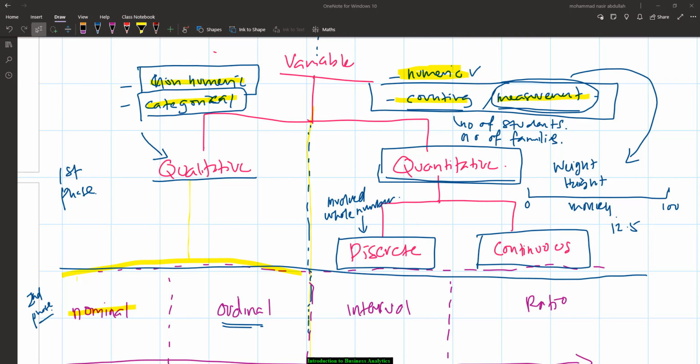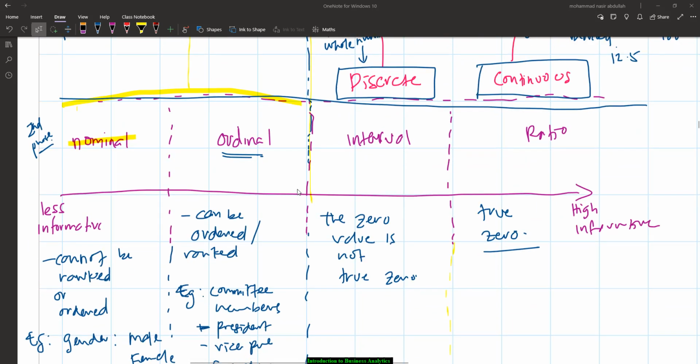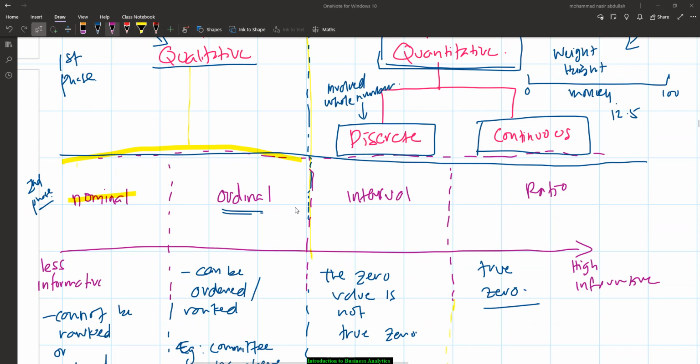Right. So now, under the variable, we have another part we call level of measurement. So this is the level of measurement lah.